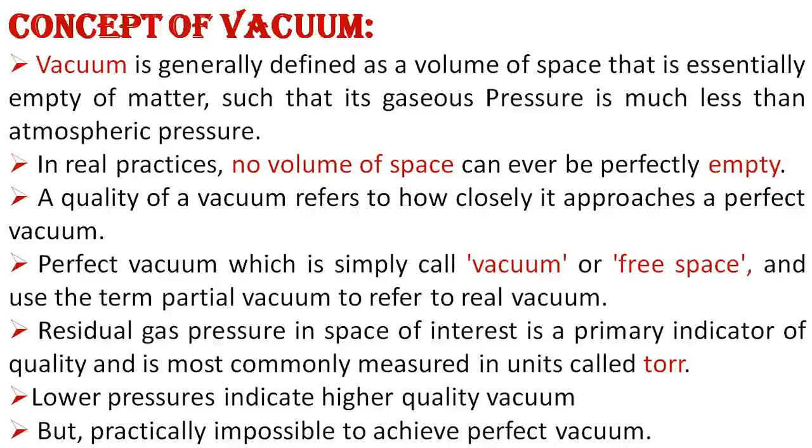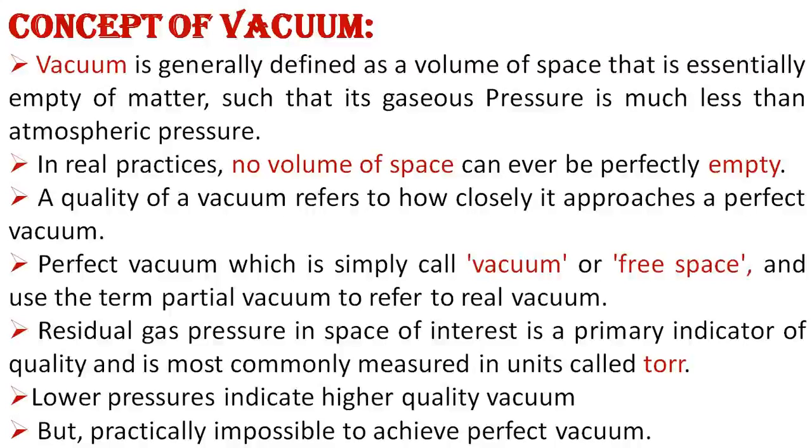A perfect vacuum is simply called vacuum or void, and we use the term partial vacuum to refer to real ones. The residual gas pressure in the space of interest is the primary indicator of quality and is most commonly measured in units called torr. Lower pressure indicates a higher quality vacuum, but a perfect vacuum is practically impossible to achieve.